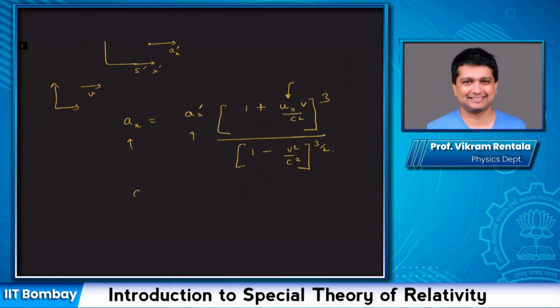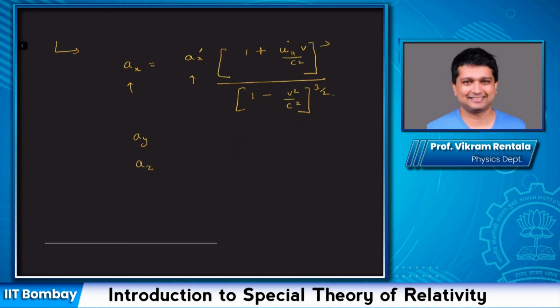Now, you can also derive a dictionary for the accelerations in the perpendicular directions, which is a little more complicated. And one more important thing that I'd like to state here is that when you derive these transformations, you need to use the fact that ax prime is, by definition, the time derivative of ux prime, that is the speed as measured in the frame S prime, differentiated with respect to the time interval in the frame S prime.